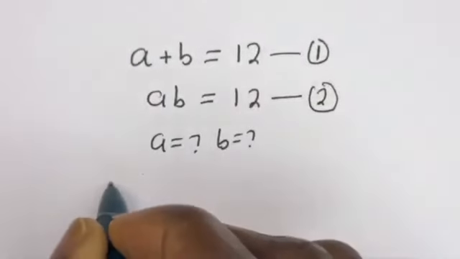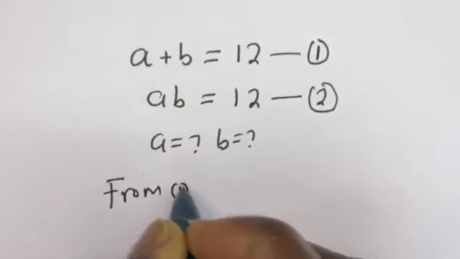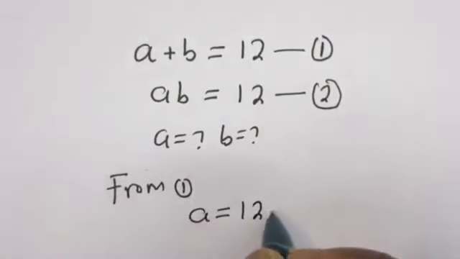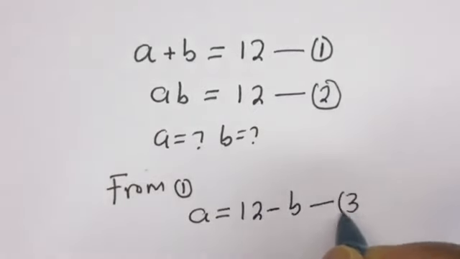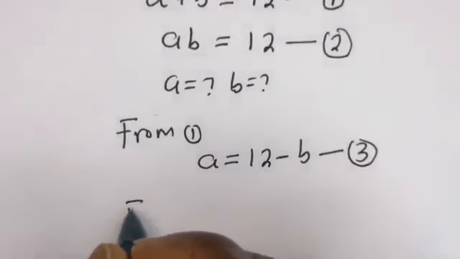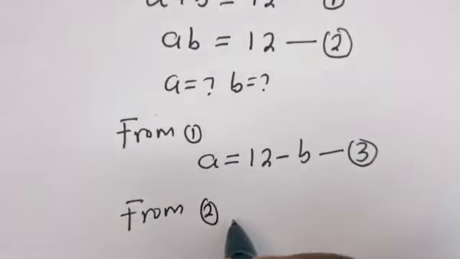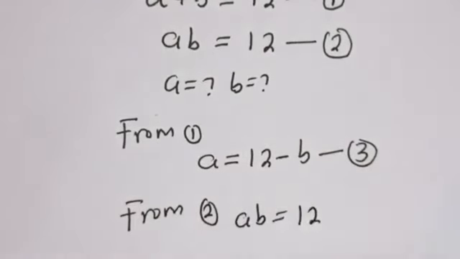From equation 1, A is equal to 12 minus B. Let's call this equation 3. And from equation 2, AB is equal to 12.